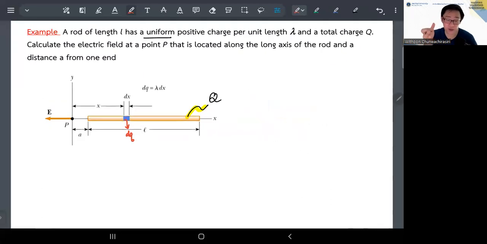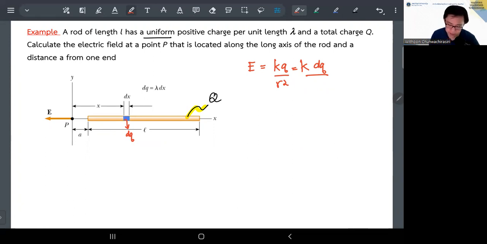So I'm asking you a very simple question. What is the electric field due to this dq at point P? All right, simple. The electric field from the formula is K times the charge generating the field divided by separation squared, correct? That's what I want. So it's going to be K times the charge generating the field, which is nothing more than the dq that we sliced out, divided by the distance from the dq to point P. Look at this one, because the figure already nicely placed the rod and point P very beautifully, in the sense that point P is already located at the origin.